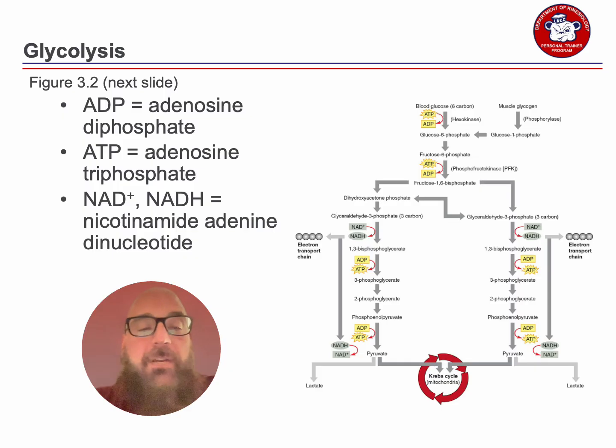You see the little explosions of ATP. So there's a little bit more action. ADP is still there, right? ATP turns into ADP. And then we have NAD+ and NADH, nicotinamide adenine dinucleotide. These are all fancy terms that make up this system.